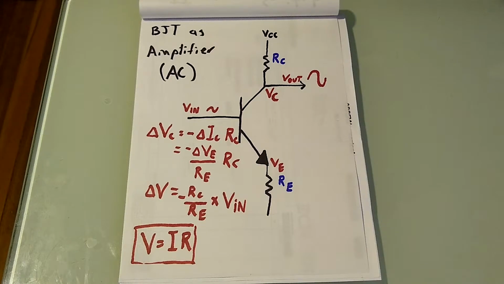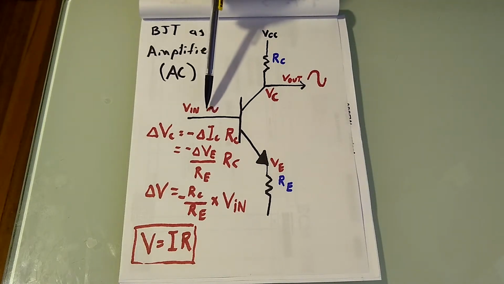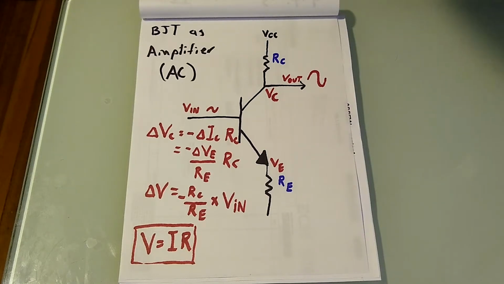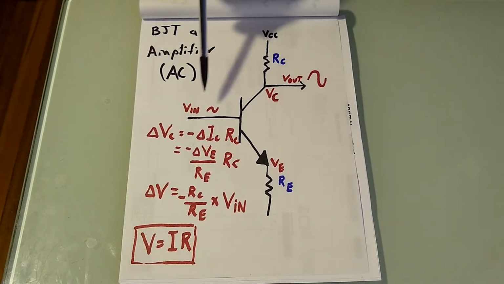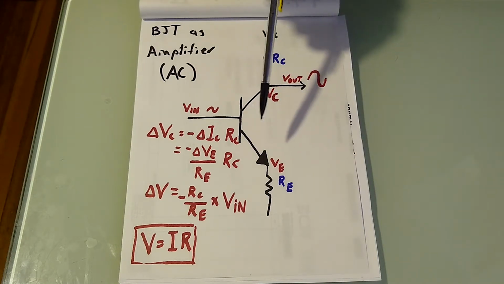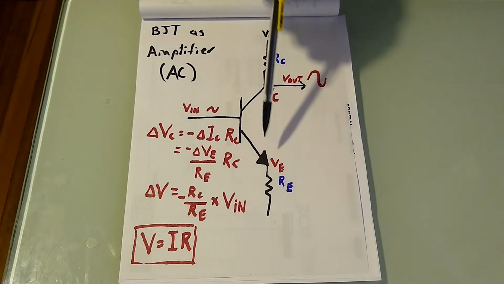Okay, now we'll have a look at a BJT transistor as an amplifier, AC. Start off, we'll have a small AC signal coming into VIN. This causes the exact same magnitude AC signal at the emitter.